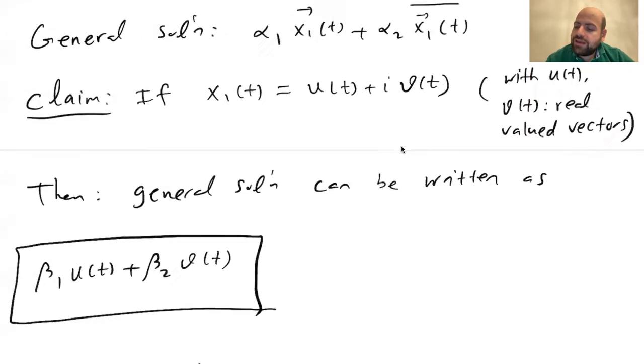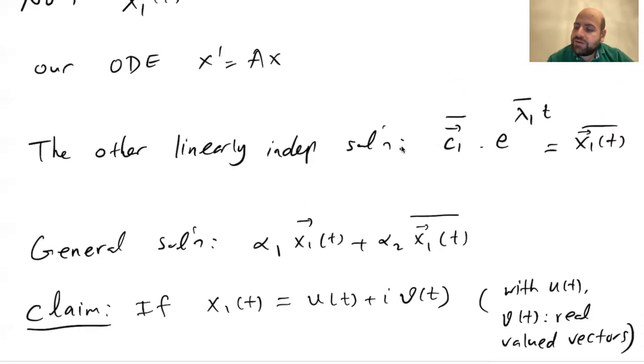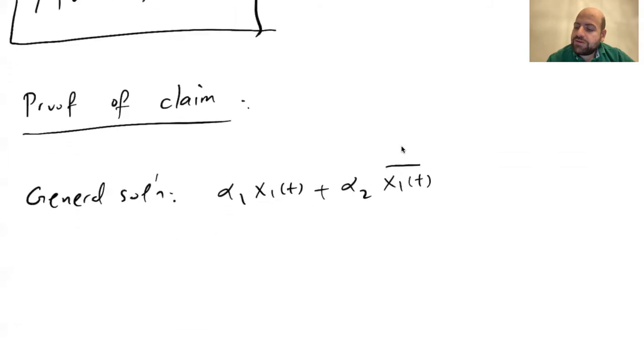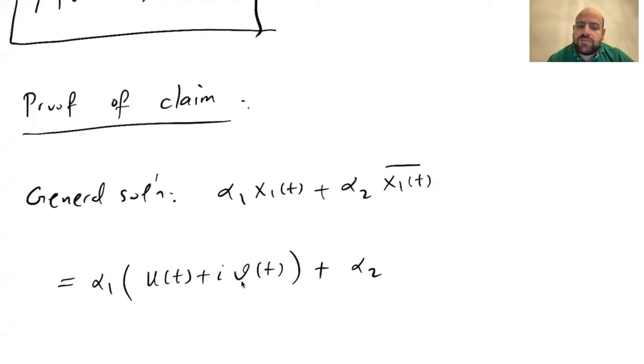But I'm assuming that x1 of t is u of t plus iv of t. So I can write it as alpha 1 times u of t plus iv of t plus, let's say, some alpha 2 times x1 of t bar, complex conjugate of this vector, which is going to be u of t minus iv of t.